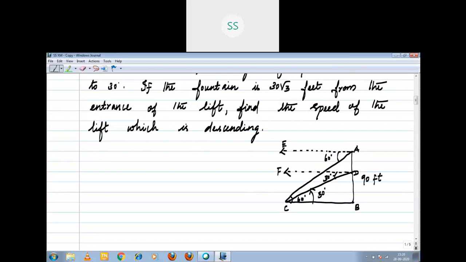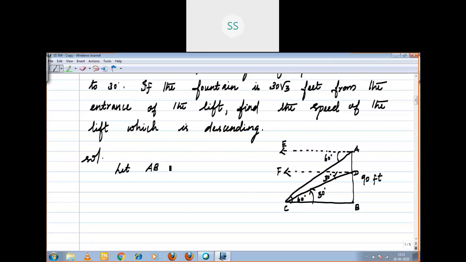Right? Now, solution. Let AB be the height of the building.